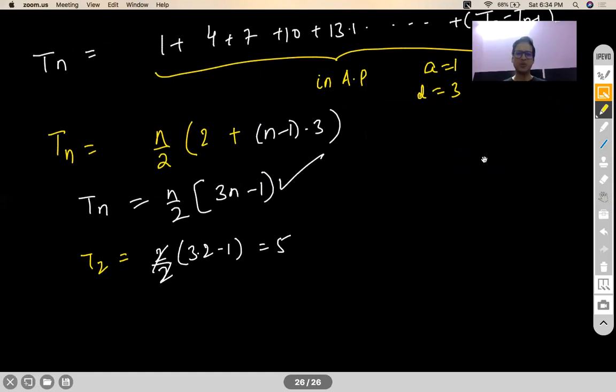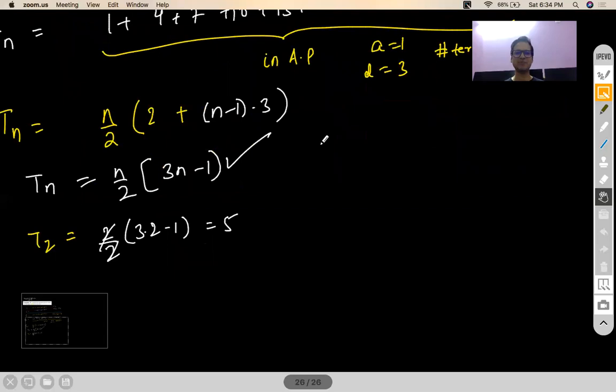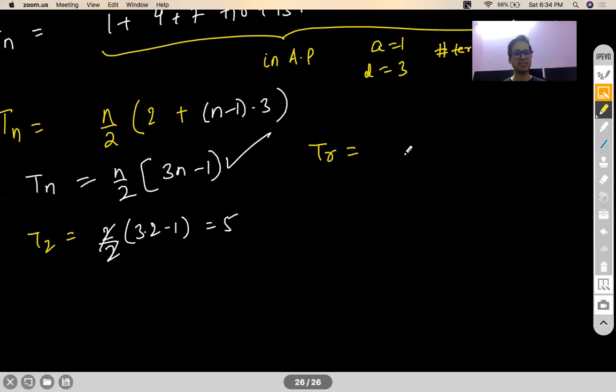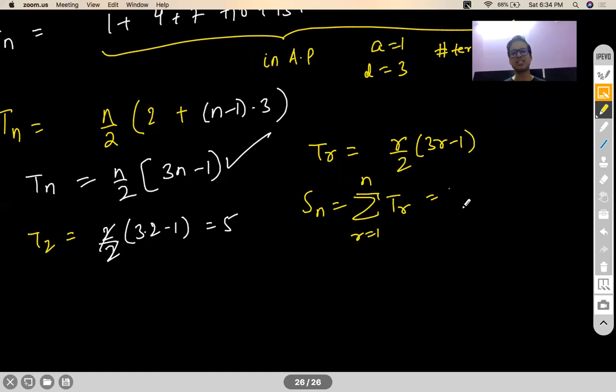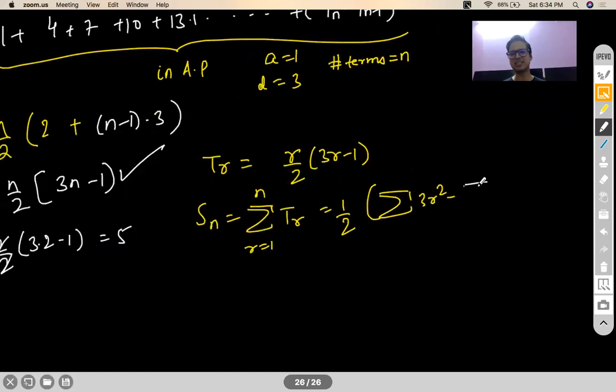Now, once you have found your nth term, you know your rth term. If you know your rth term, you can always find out the sum till n terms by using sigma method of summation. So it's half summation 3r square minus summation r.